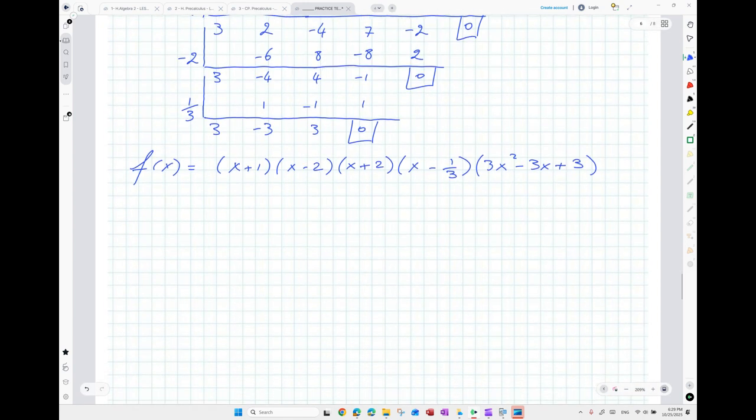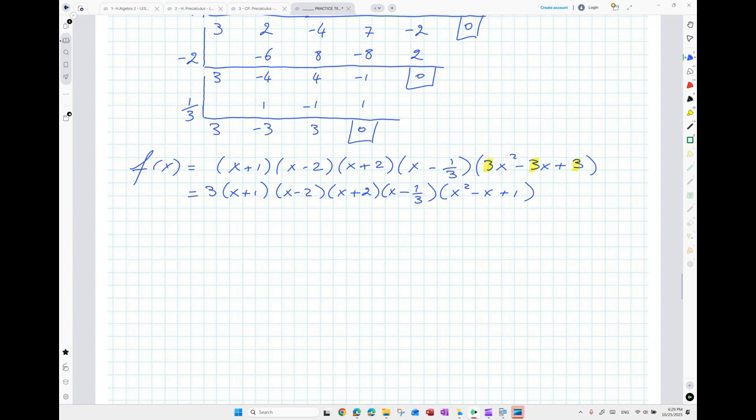And I'm going to go one step further to have f of x fully factored, which is that I'm going to factor out the 3 there. I'm going to put that in front. And I'll have x squared minus x plus 1, which is a prime.